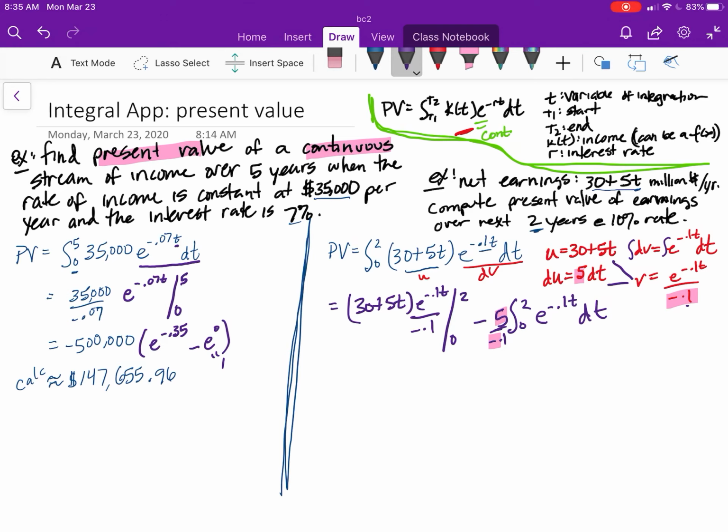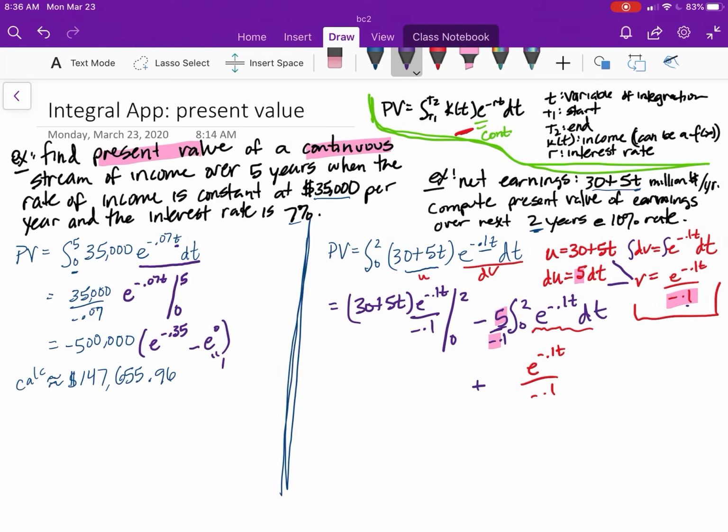So now what's left to integrate, and this often happens, we just did over here. I already know the result of that integral. The integral of e to the negative 0.1 t is e to the negative 0.1 t over negative 0.1. And then we still had the negative 5 divided by negative 0.1, which might as well make that a positive.